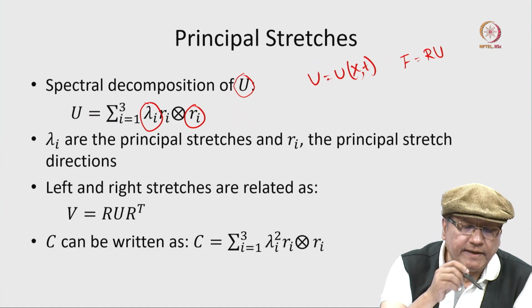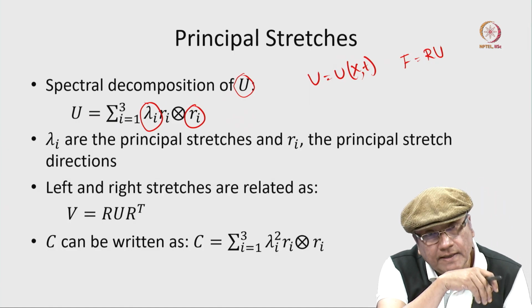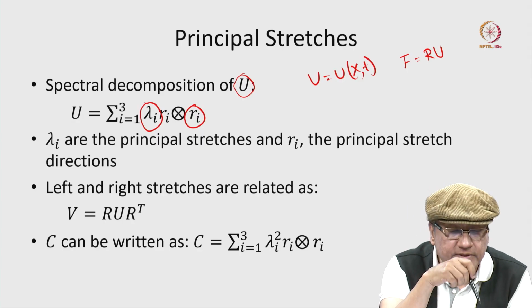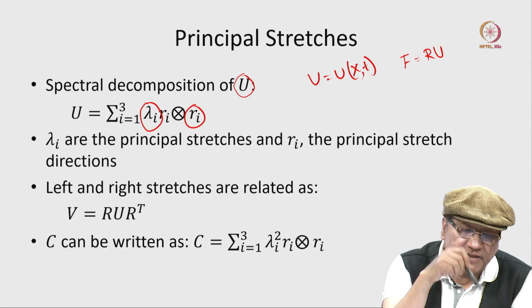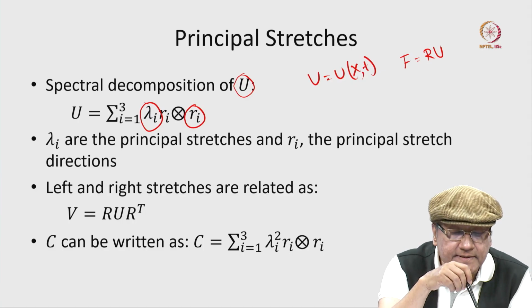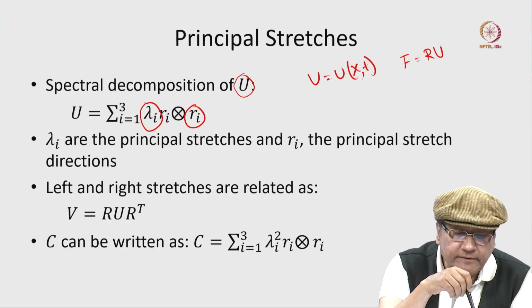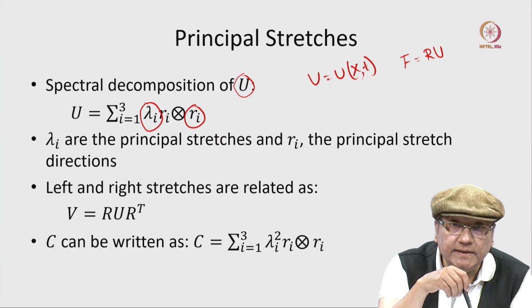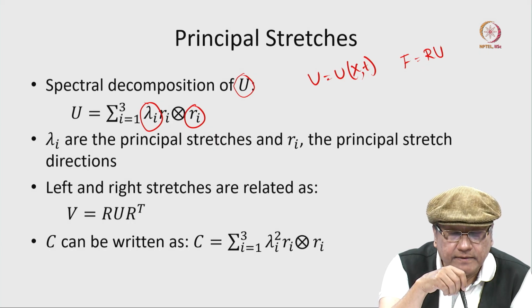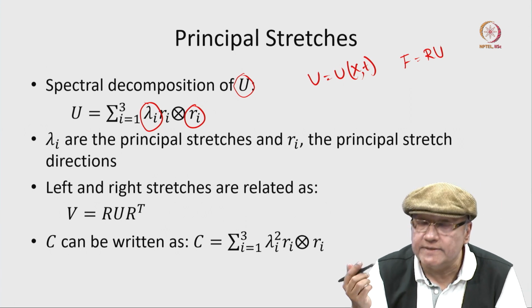And then we can have a spectral decomposition of this matrix U at a given x and t in terms of these eigenvalues and eigenvectors, which is indicated here. The spectral decomposition is the sum of the eigenvalues lambda_i multiplying the eigenvector R_i tensor product R_i. You may be knowing about the tensor product.